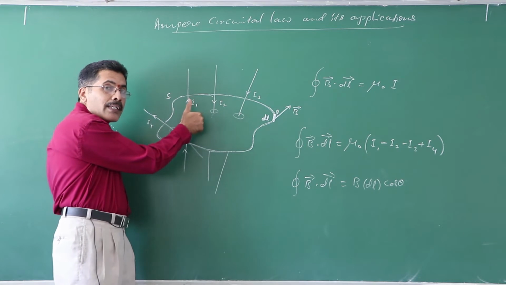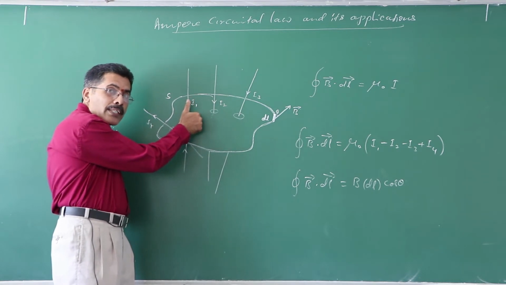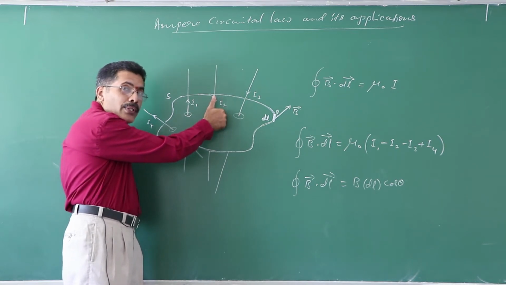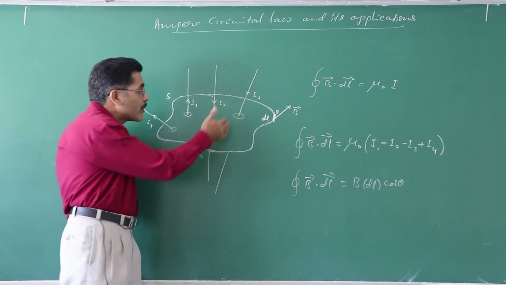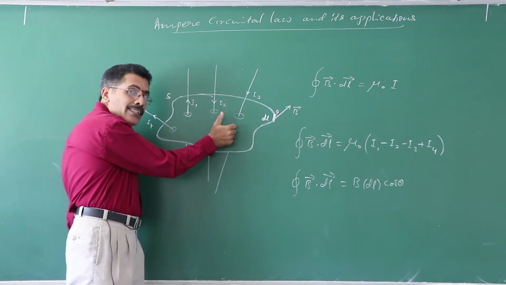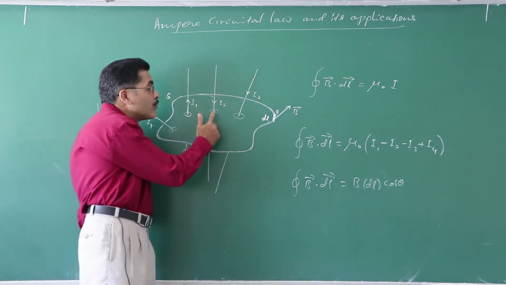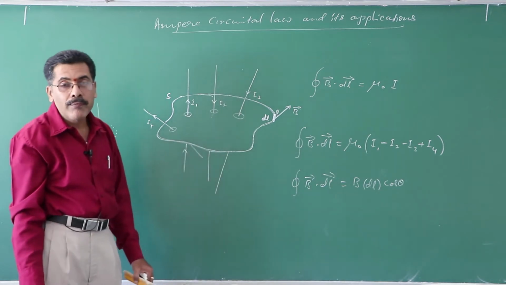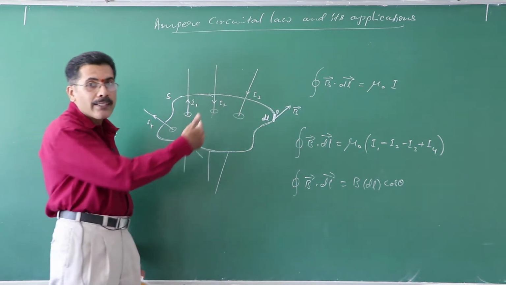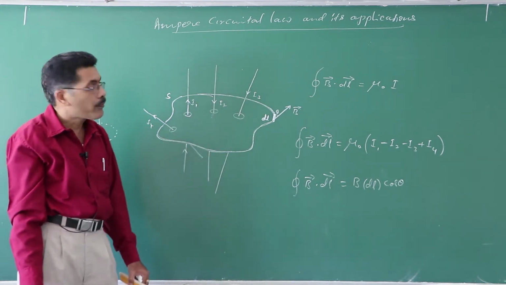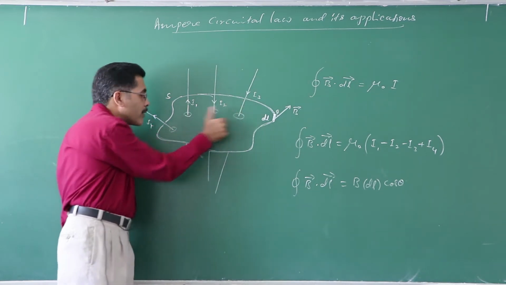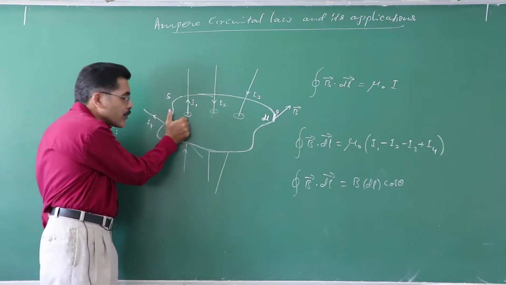If the thumb direction and current direction are the same, then the current is taken to be positive. If the current direction is opposite to the thumb, it should be taken as negative. So you must take this closed surface as the reference to find out the direction of current, to decide whether to assign a positive or negative sign to the current associated with the conductor. Therefore, in this case I1 is positive, I2 is negative, I3 is negative, and this one is going outwards, therefore this is also taken to be positive.